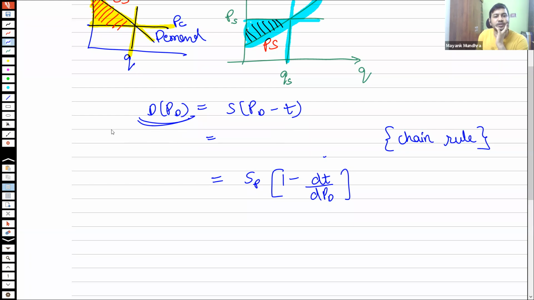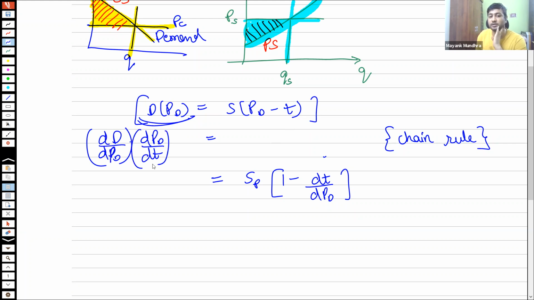I'm differentiating with respect to taxes. So by chain rule, dD by dPD into dPD by dT. I'm differentiating with respect to tax, but this is a function of PD, not a function of tax. So I differentiate it with respect to PD, and then I differentiate PD with respect to tax. And on the supply side, I'm going to differentiate the supply function with respect to PD, and then differentiate this interior thing with respect to tax.